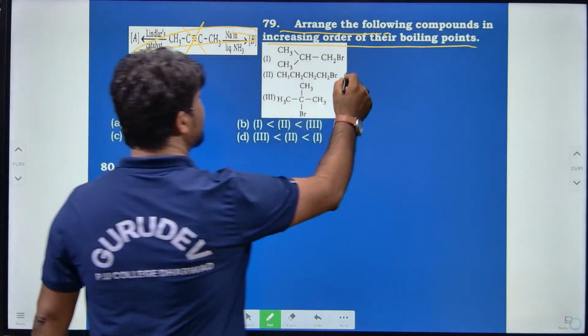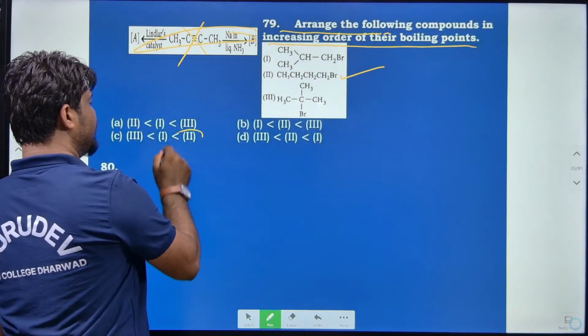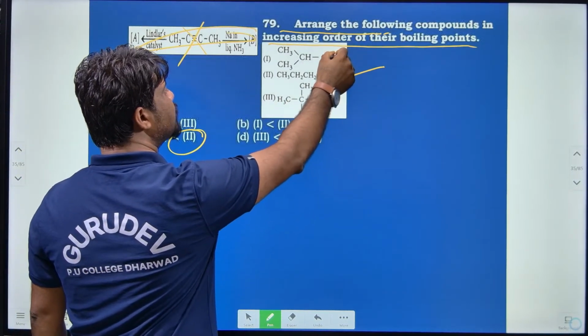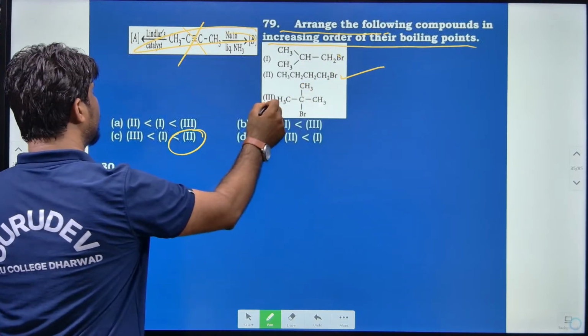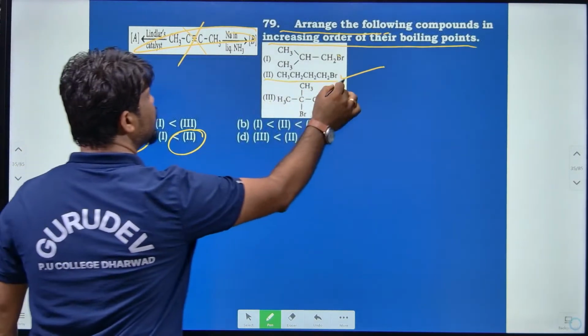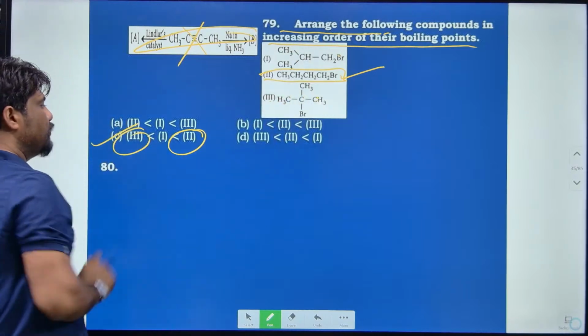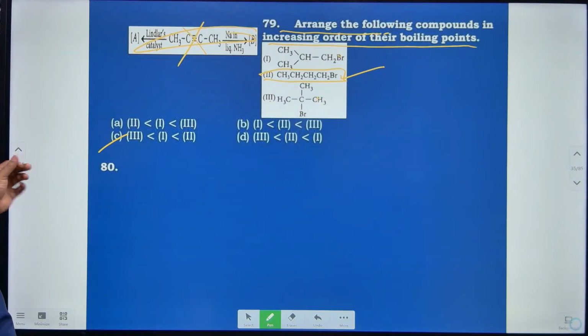Here it is a long chain, and it has more boiling point. That is, the second option will have more boiling point. This one has less branching. This one has a very large number of branches, so the third one has the least boiling point. Second is the highest because of the straight chain. The more branched, the lower the boiling point. Hence option C is the right answer for the question.